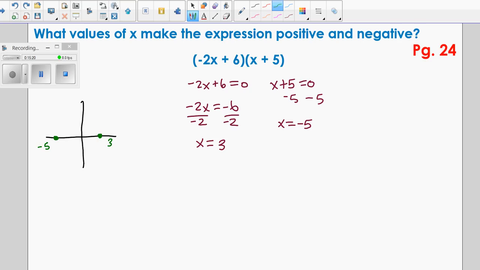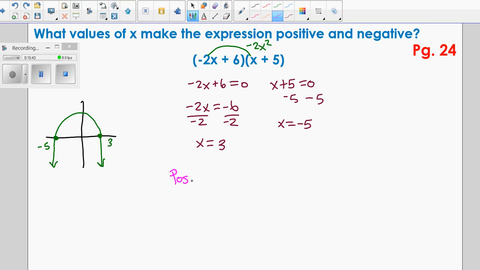Look back at this first term right here. This is going to give me a negative 2x squared, which is how I know that my function is going to open down. So I want to draw it like this, facing downward.